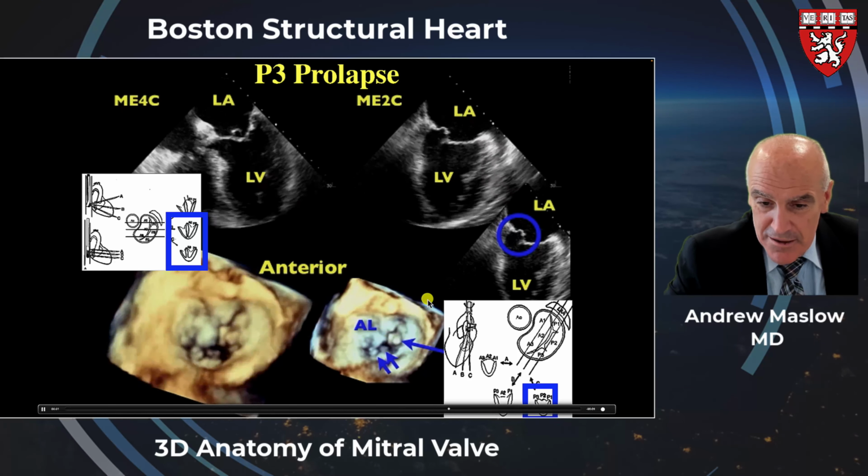A1 and P1 prolapse and flail. In the top left over here, the probe is advanced a bit, so the valve doesn't look really too bad at all. But as the probe is withdrawn, you can see disease segments there. In the midesophageal bicommissural view, you can see right away that this is a lateral scallop that's flail, at least for P1.